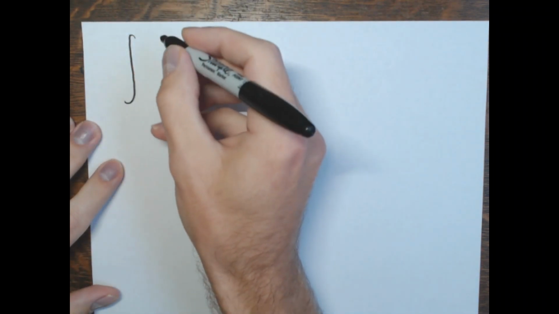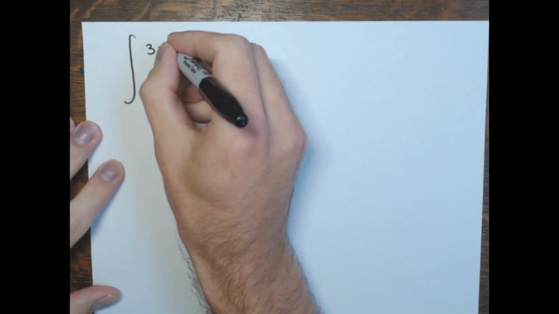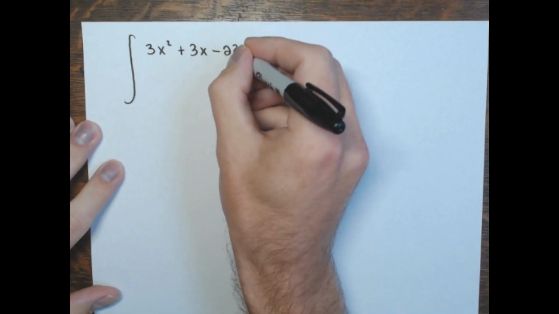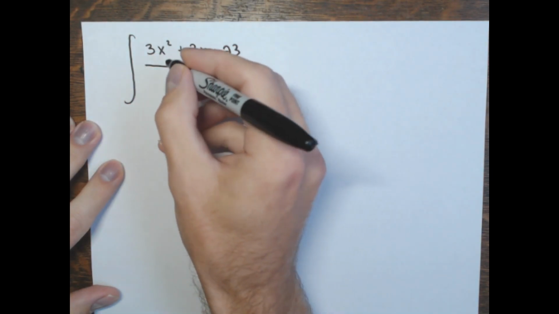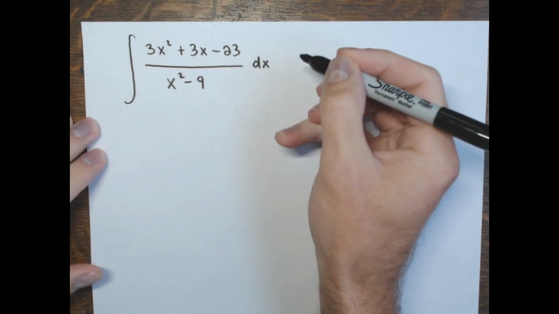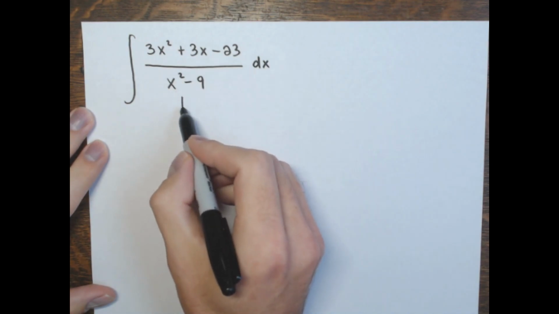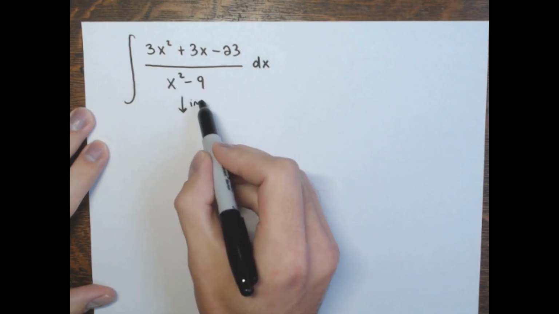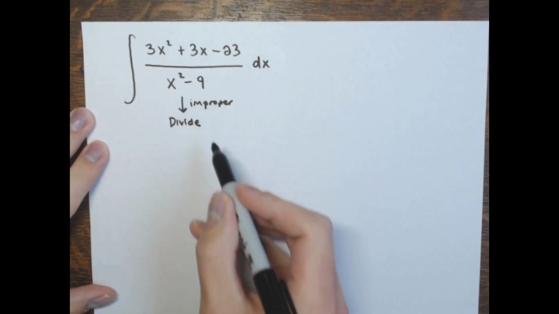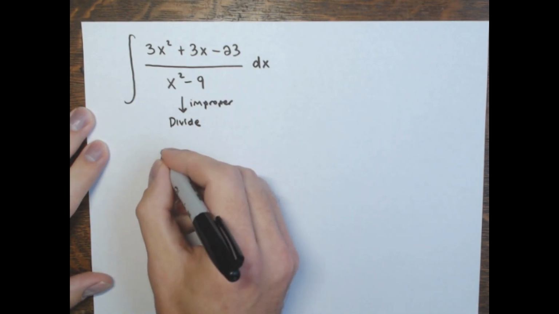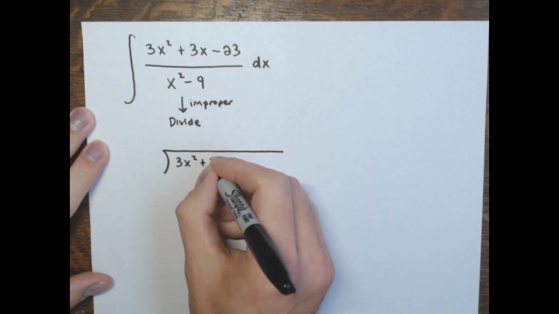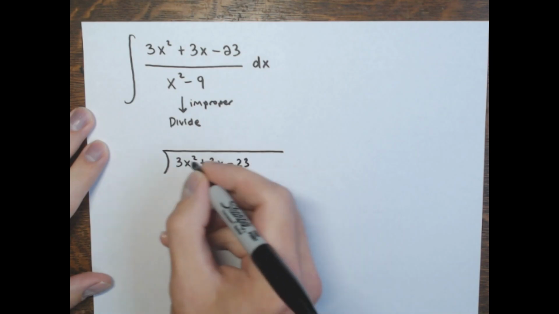So I got the integral of 3x squared plus 3x minus 23, all over x squared minus 9. So again, improper. The first thing to do when you have an improper fraction is to divide these. So numerator divided by denominator.